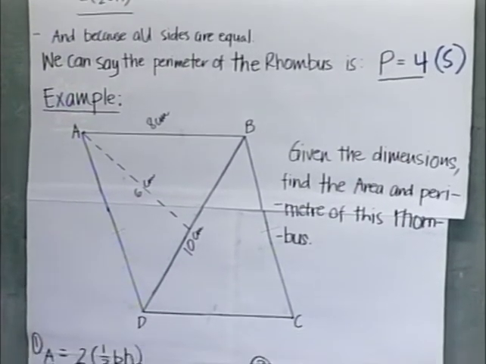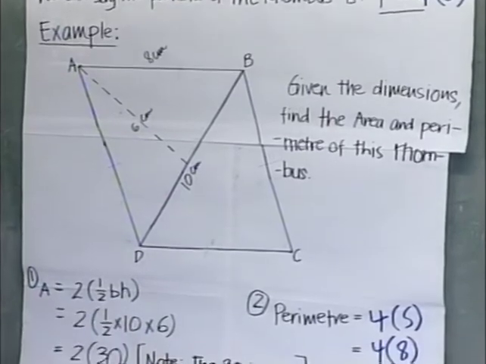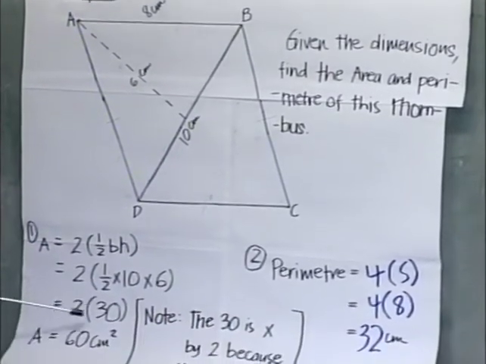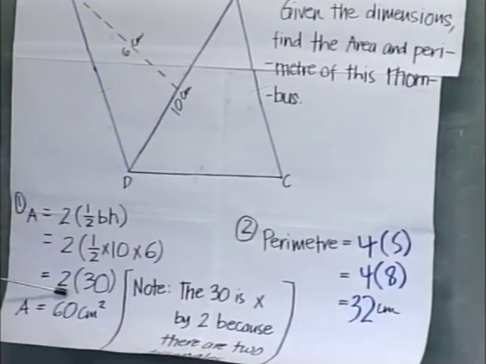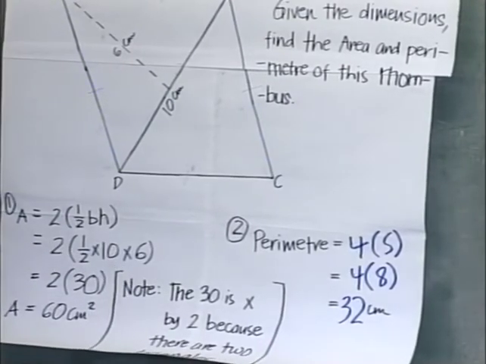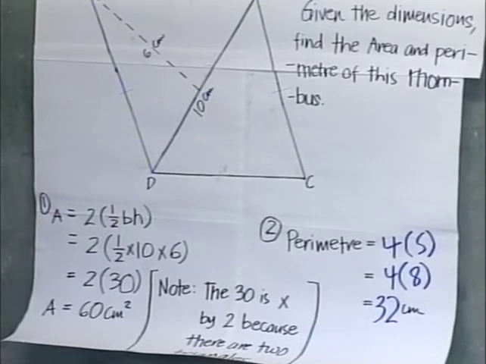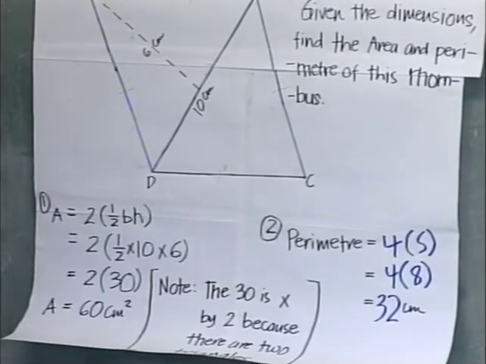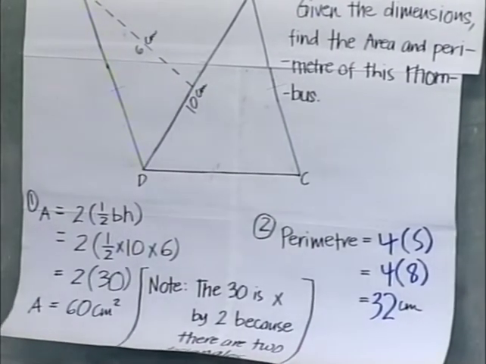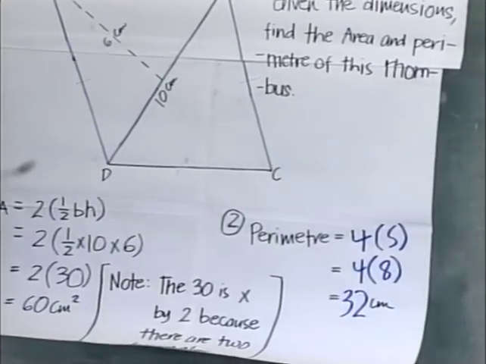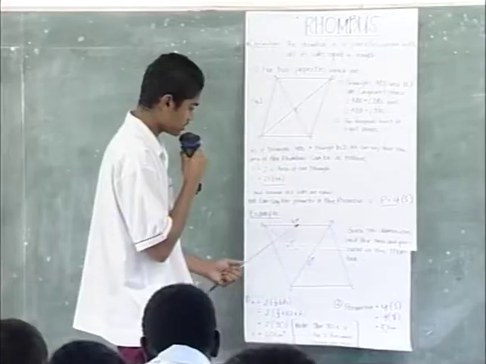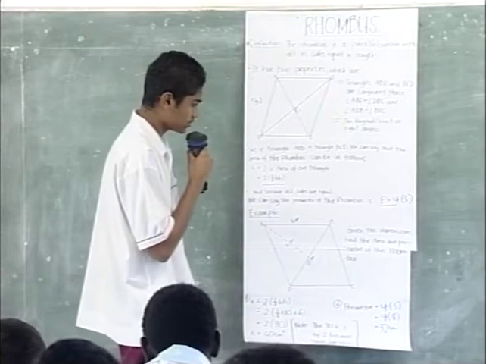So area is equal to 2 times half times 10 times 6, which is equal to 2 times 30, which is equal to 60 centimeters. 30 is multiplied by 2 because there are two triangles in a rhombus. And the perimeter is equal to 4 times S. So 4 times the side, which is equal to 8, is equal to 32 centimeters.